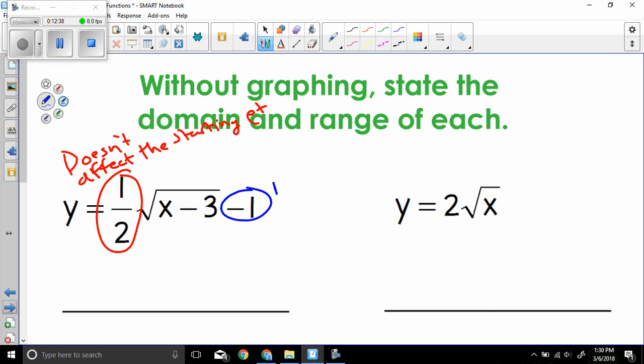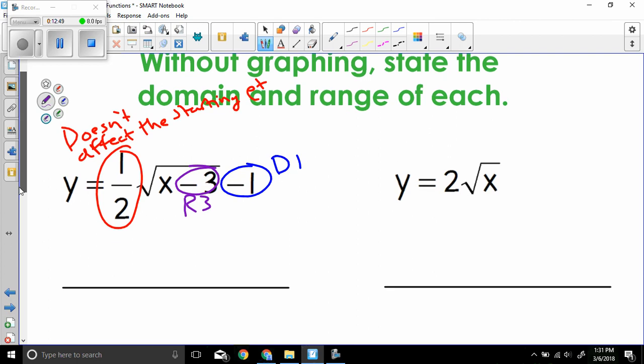Yeah, it moves it down 1. And this guy here, this -3, well, it's not actually negative, it's positive. That means it moves it right 3. It means my new starting spot's on the right. Okay, it's on the right, how far? Well, it's to the right all the way over to 3. Well, that means it must start at 3. And then it's going to continue.